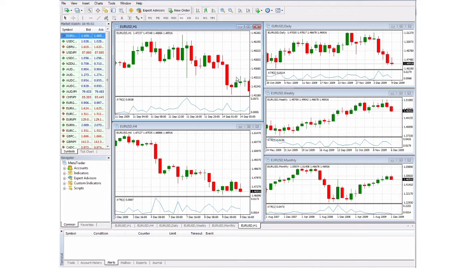One word of caution with regard to a demo account is don't get wild in the demo account. What I mean by that is that you should keep your risk at the same levels that you will have when you trade your actual account, when you open up your real money account.